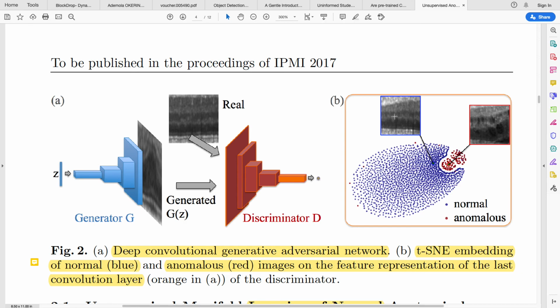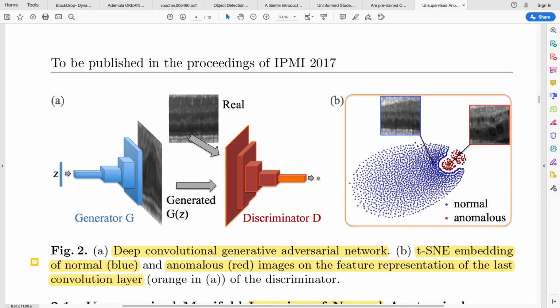After you have trained your model, your DCGAN, you can now use that model to do inferencing, and during inferencing they extracted the last layer, as you can see here, the feature representation of the last convolutional layer in the discriminator. They extracted this last layer and used a t-SNE visualization to visualize what the anomalous image looks like in this last layer.